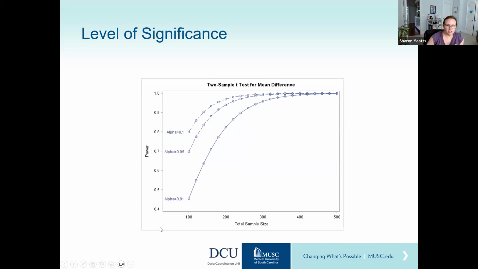So you can see here in this graph where sample size is along the x-axis, power is along the y-axis, that for a typical statistical test, you are going to have less power for lower alpha levels than you will for higher alpha levels. That does not mean you should just pick a high alpha level so that you don't need as many subjects, right? It just shows you that, again, when you're having this conversation, we want you to understand the interplay between the level of significance and the power.